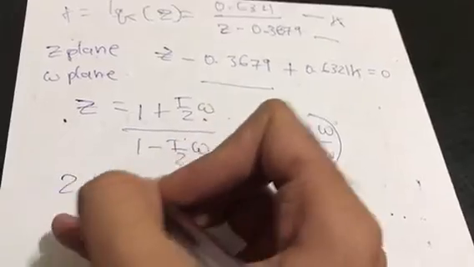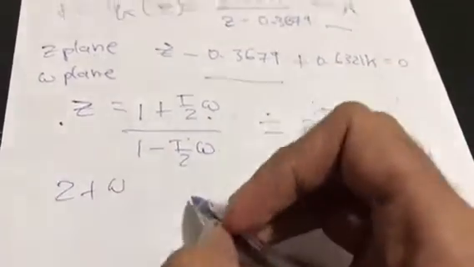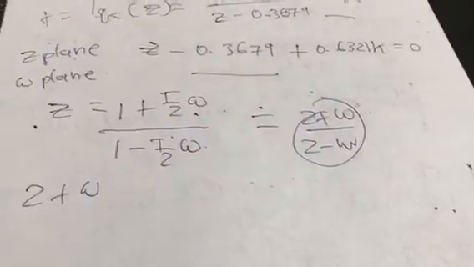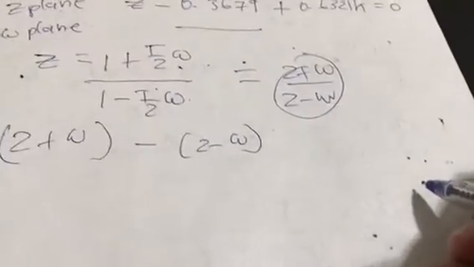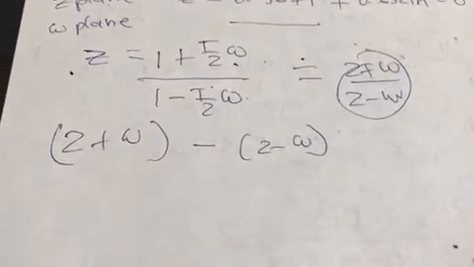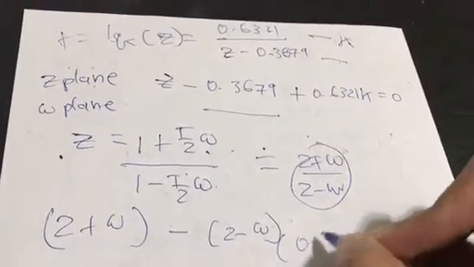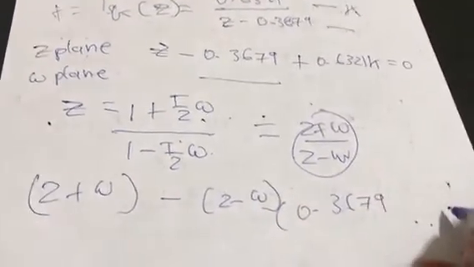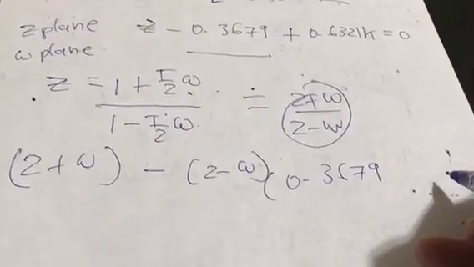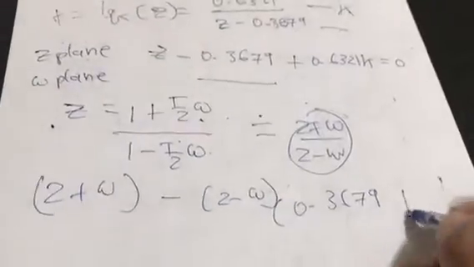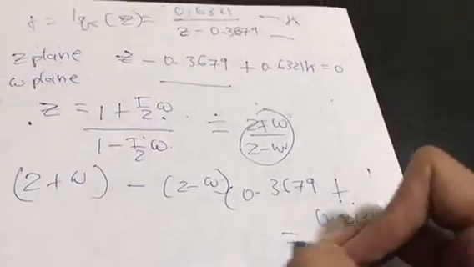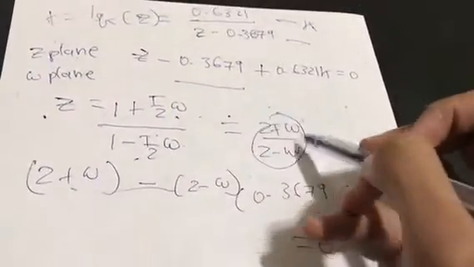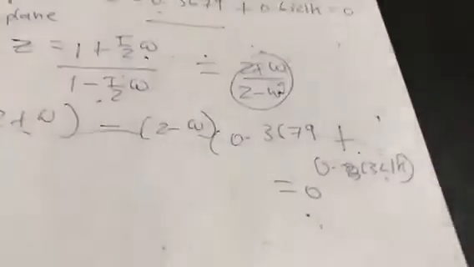So you get (2 plus omega) minus 0.3679 times (2 minus omega), plus 0.6321k times (2 minus omega), equal to 0, because you substitute this in terms of z and you get this equation.